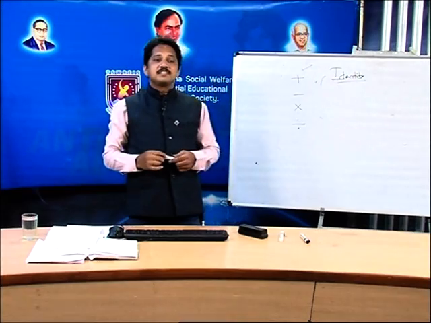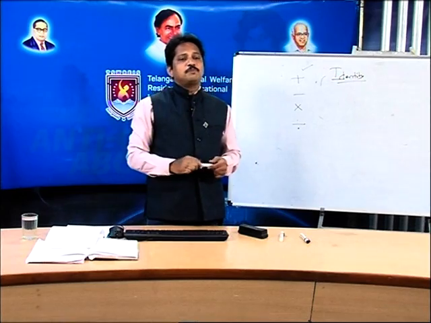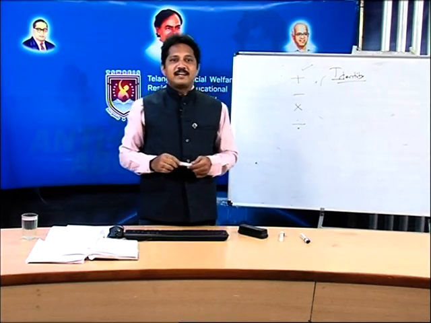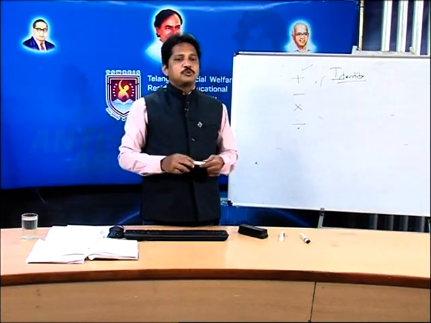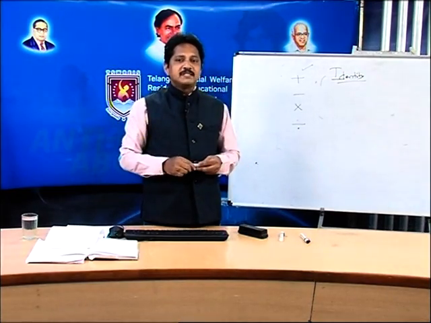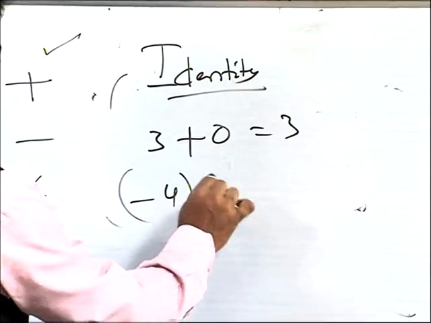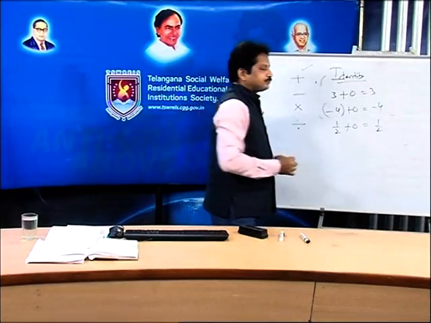Identity. Our face and our image should be identical, otherwise you are devils, correct. So, what is meant by identity here: when you take any number and add another number to it, the value should remain the same. 3 plus 0 is 3, minus 4 plus 0 is minus 4, 1 by 2 plus 0 is 1 by 2.